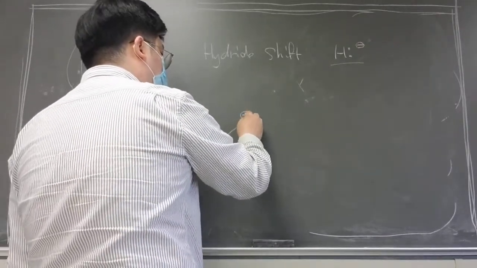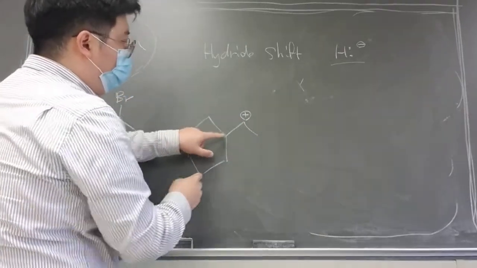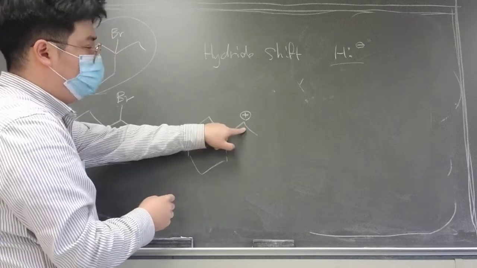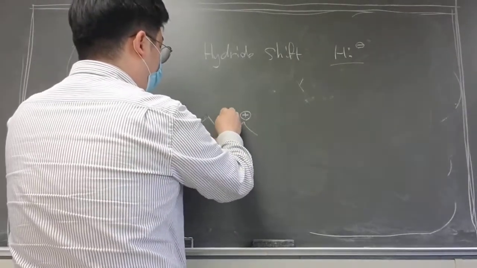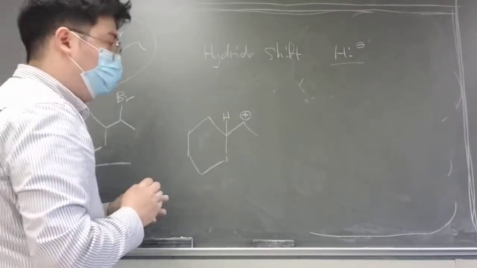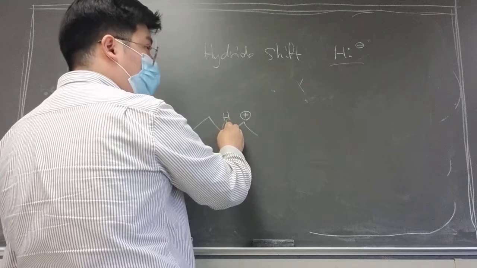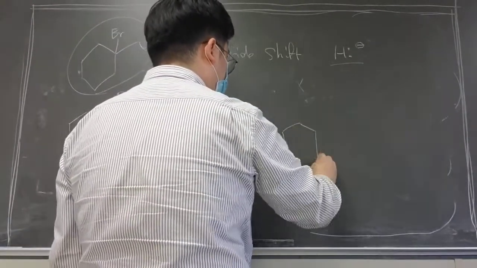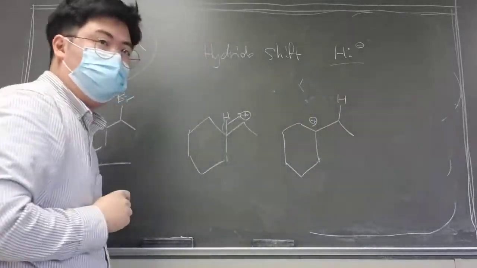So if this is the carbocation here, obviously it's dominant in this position here. But if you look at the one on this position here, this is actually more substituted than this one even further. So what it actually does is you have a hydrogen over here, right? But this hydrogen with its pair of electrons moves to here, right here. So it becomes here.